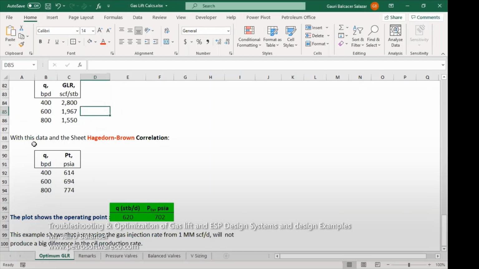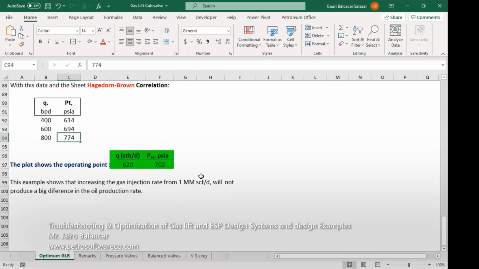I can share it in case somebody needs this sheet to calculate this. For each rate, you calculate the tubing pressure here.